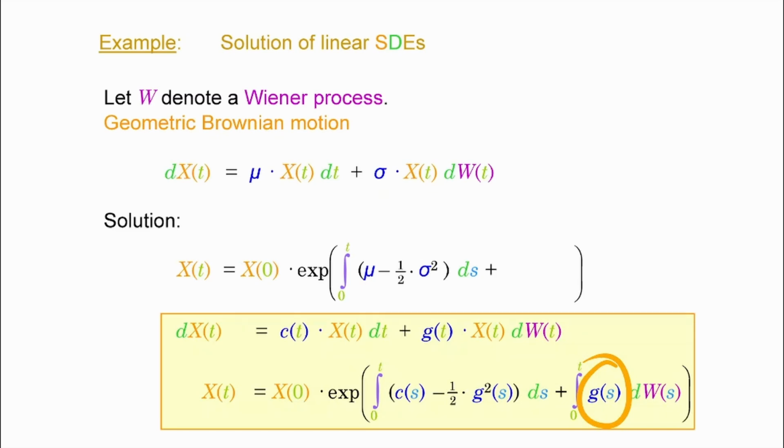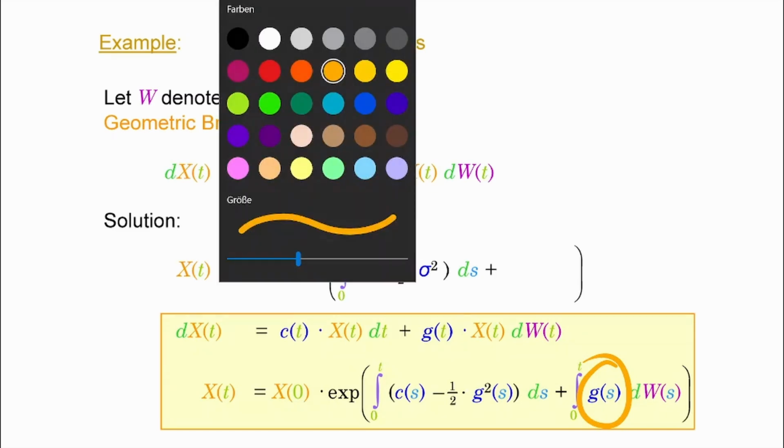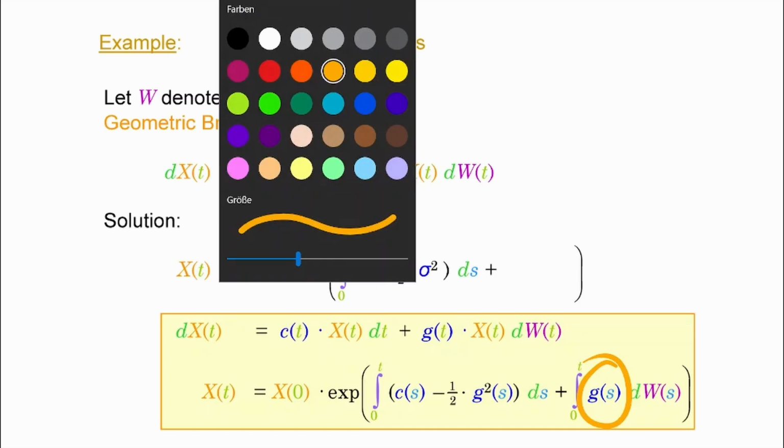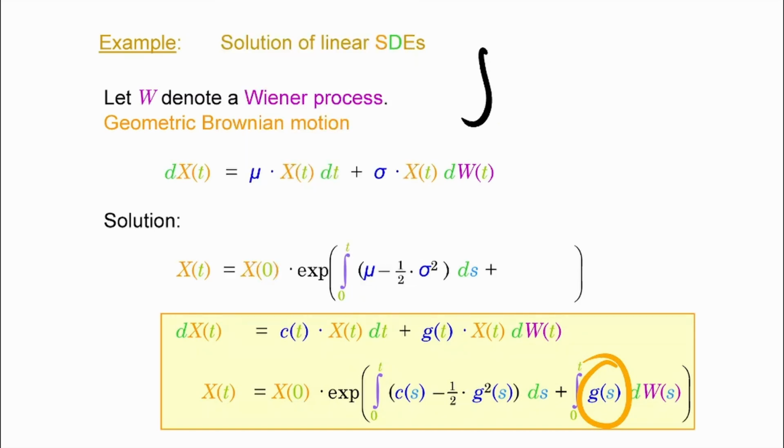Now, regarding that one, this is interesting. Let me take a different color. You have the integral from 0 to t of a constant, which I call sigma, with the increments of a Wiener process. Now you can take out sigma from that integral, and then you have the increments of the Wiener process.